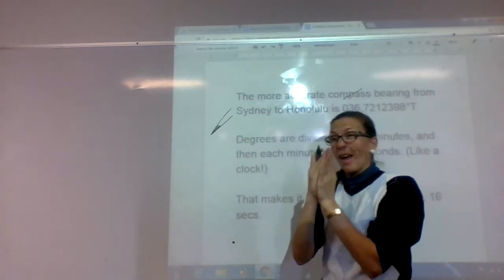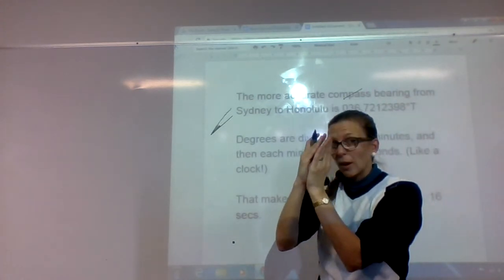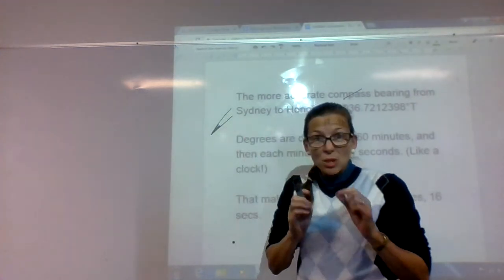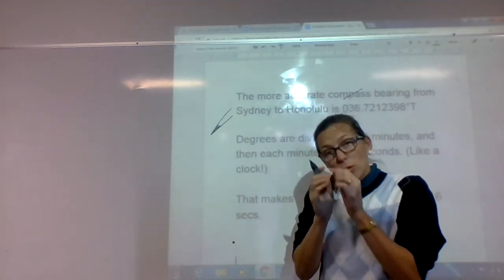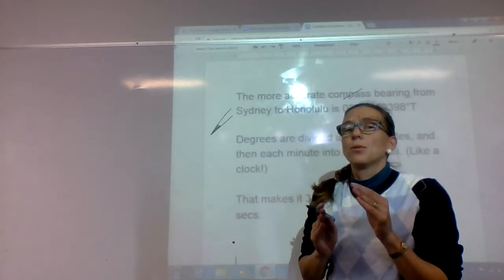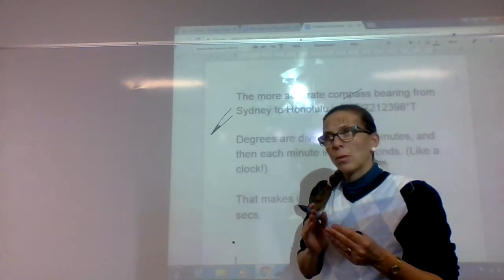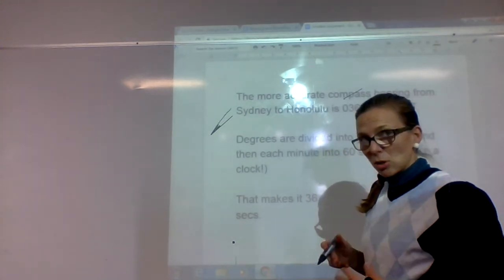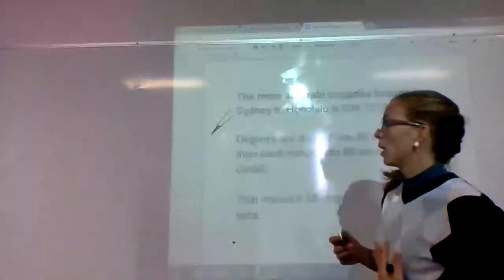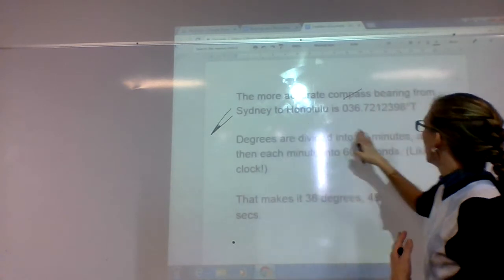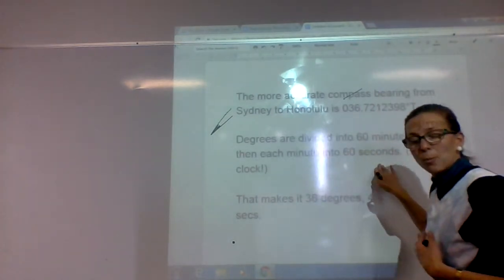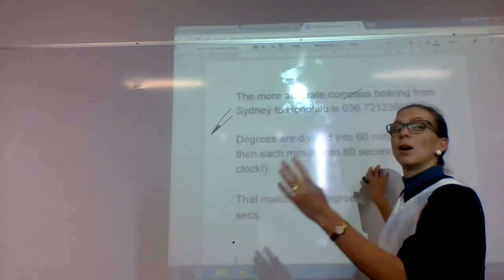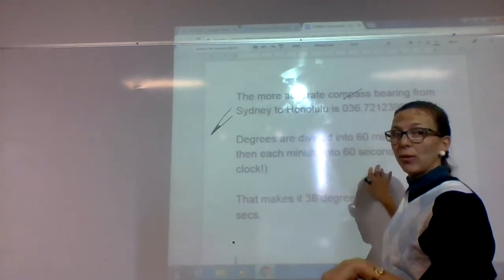And then each one of those little sections of minutes can be broken up even tinier, and those really, really tiny slivers of a degree are called seconds. So when we talk about angles, we don't just measure in degrees. We can also measure in degrees, minutes, and seconds, a little bit like a clock, where an hour is divided into minutes and seconds.